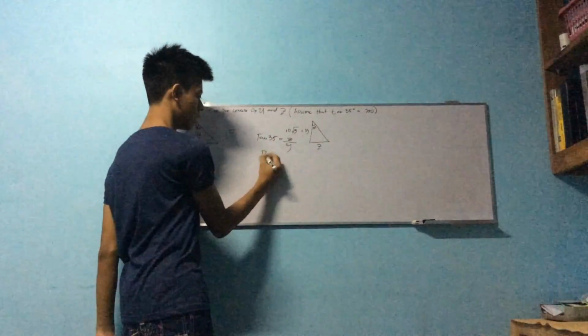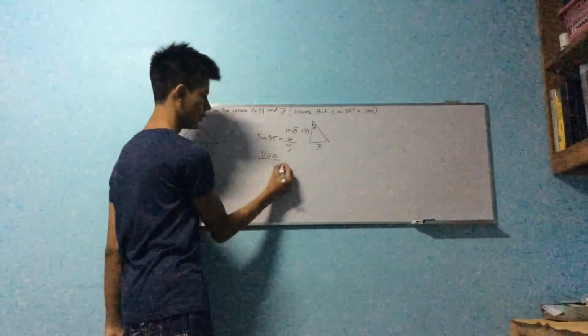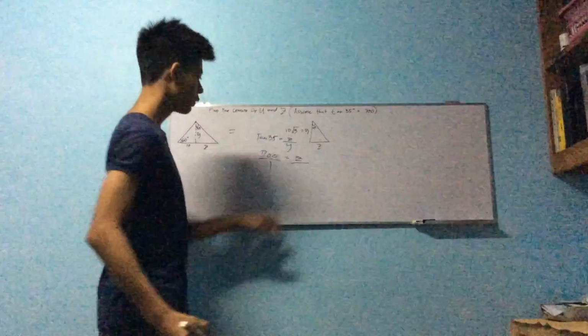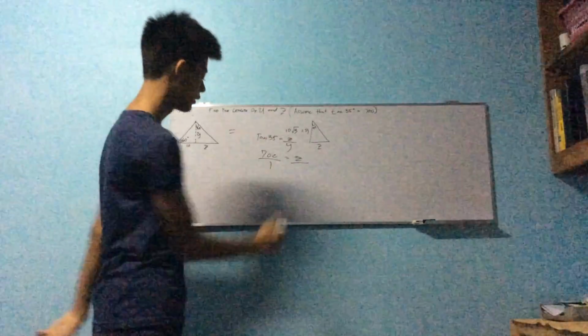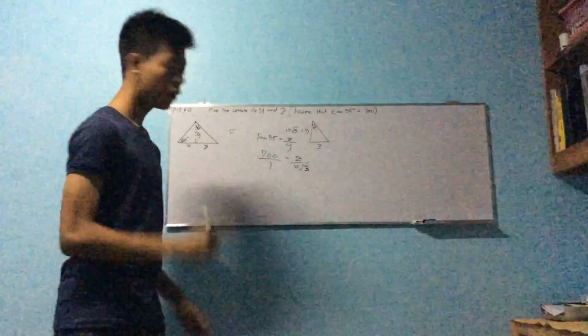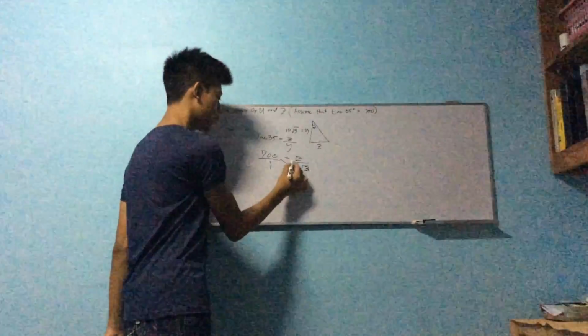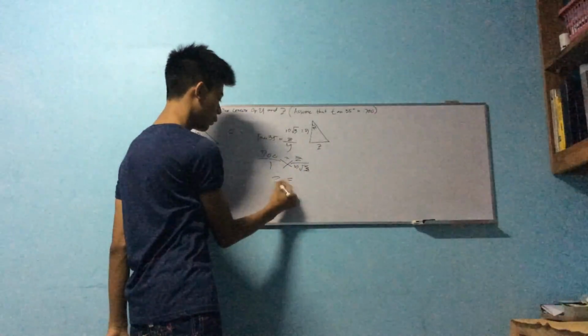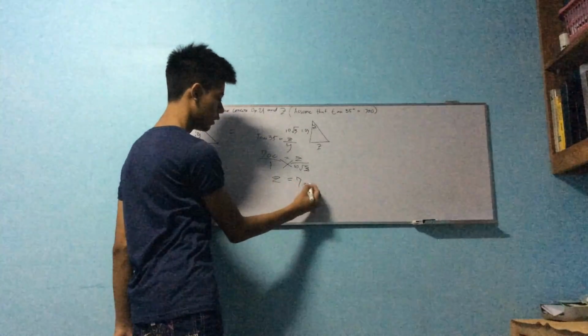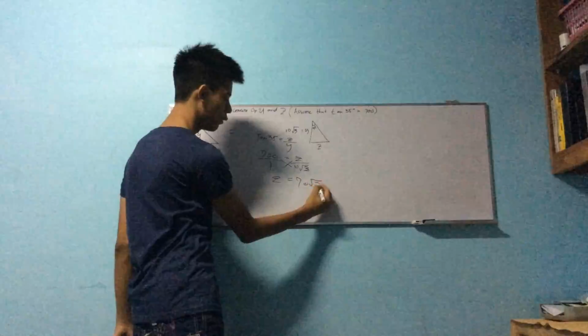So, substitute the value over y and z. We'll substitute the value of y with 10 square root of 3. Now, same process. We will cross multiply, and what we will be left with is 7 square root of 3.